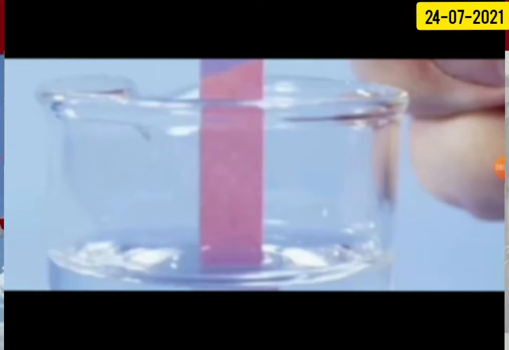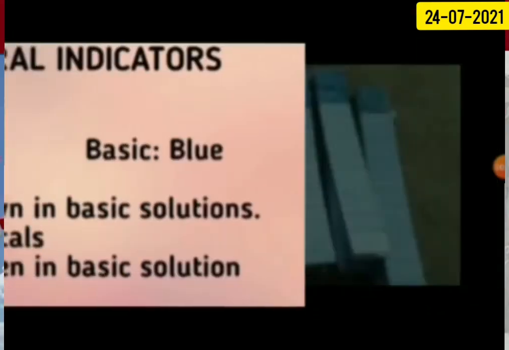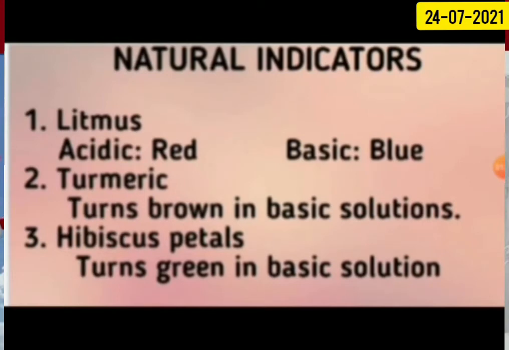So, when it is acidic, litmus shows red color. When it is basic, the litmus turns blue. The next natural indicator is turmeric. In an alkaline condition, the turmeric turns brown, so we can use turmeric as a natural indicator.